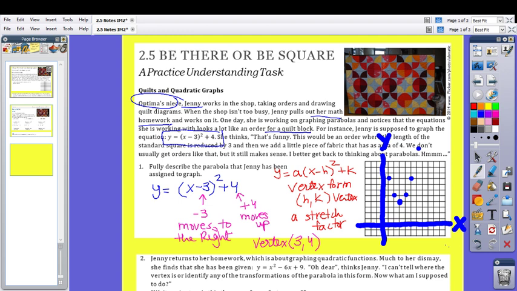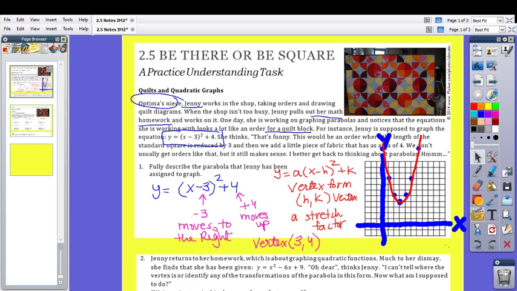Then you connect it. And this is how your parabola will move up by 4 and right by 3. So this is how you graph it without using the calculator.